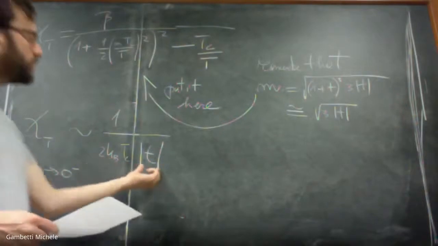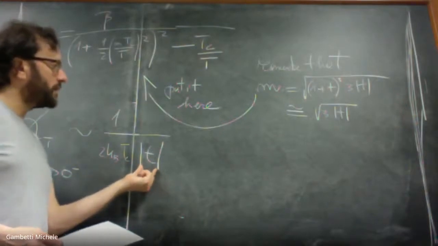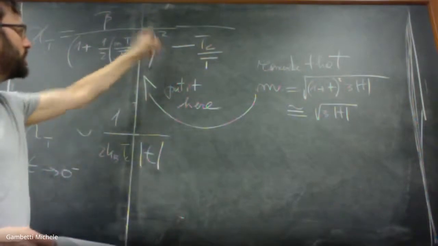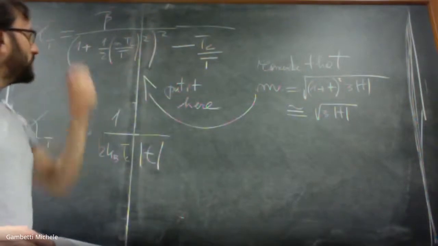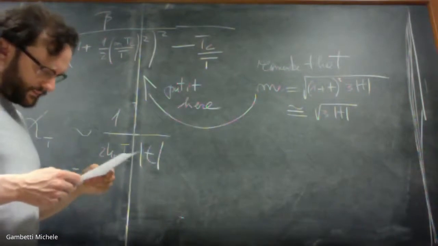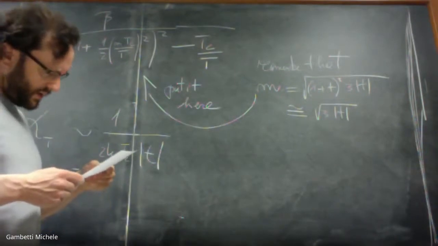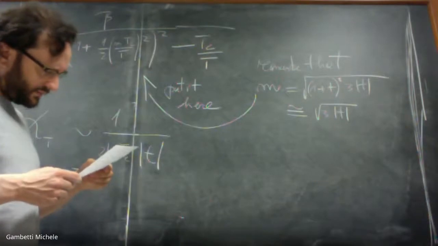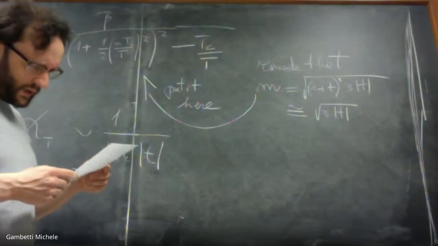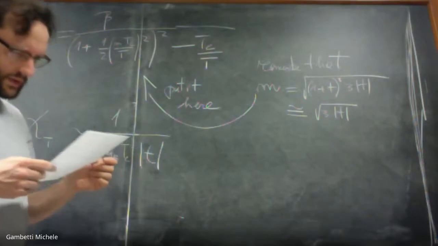Now, the fact that you get t here, as before, comes from the fact that you have a square here, and you have another square, and you have a root.